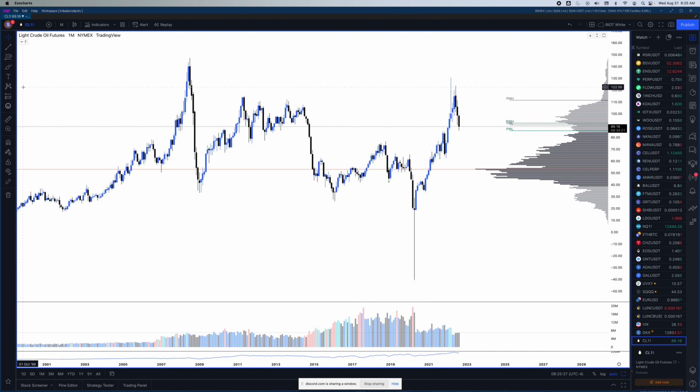What we have obviously is this ridiculous COVID period where oil went negative. I think we can basically disregard that. I think we clearly have a level right here.